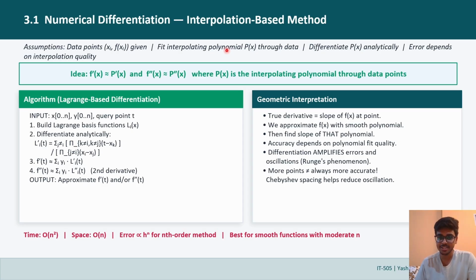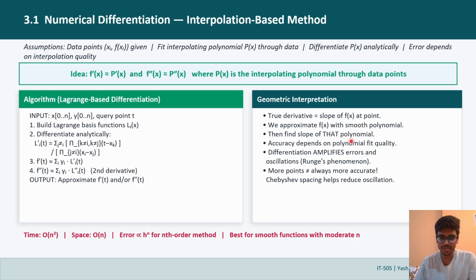So for Lagrange based differentiation, we differentiate each basis function L_i analytically. The derivative L prime i at a point t is computed by the product rule applied to the product of (t minus x_j) for all j not equal to i. Then f prime of t is approximated by the sum of y_i times L prime i of t.